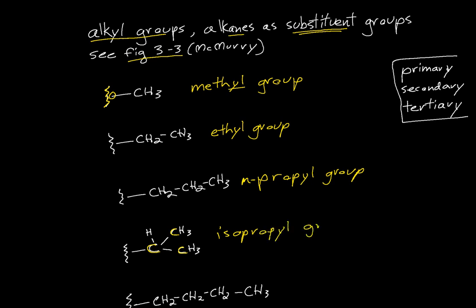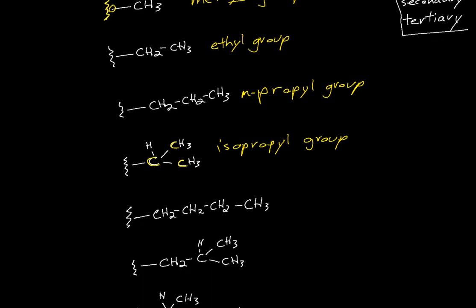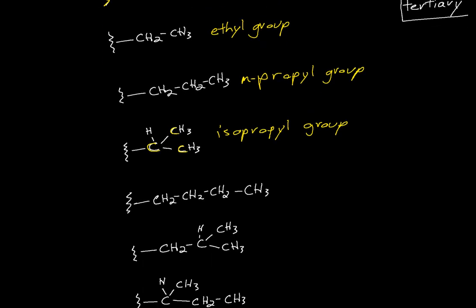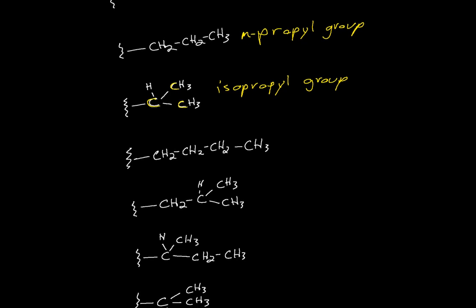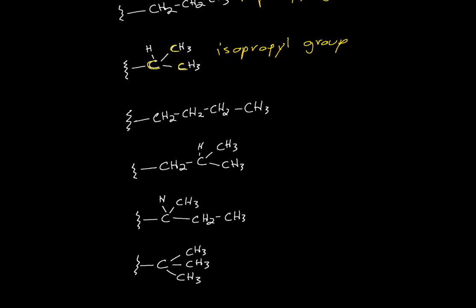So far we have some good consistency in naming. That's not always going to be the case. Moving on to 4-carbon substituents, we're going to have 4 different isomers of butane as an alkyl group, as a butyl group.